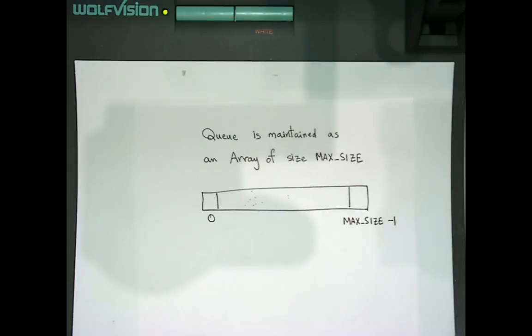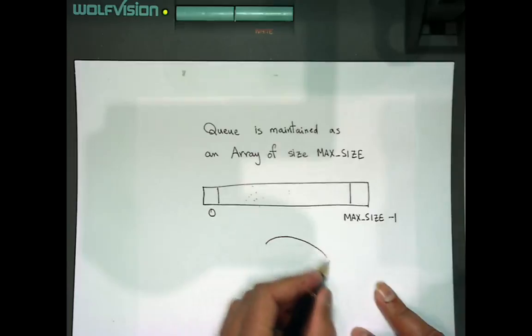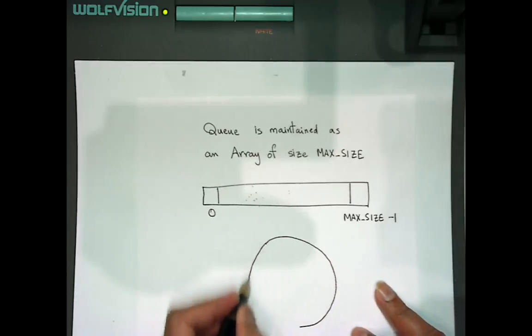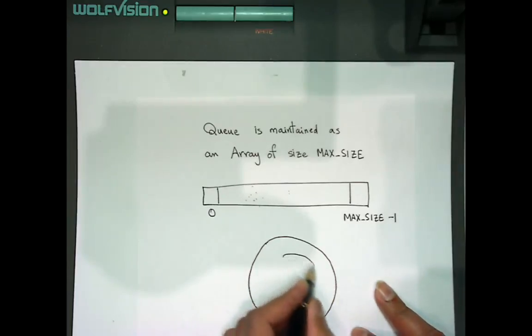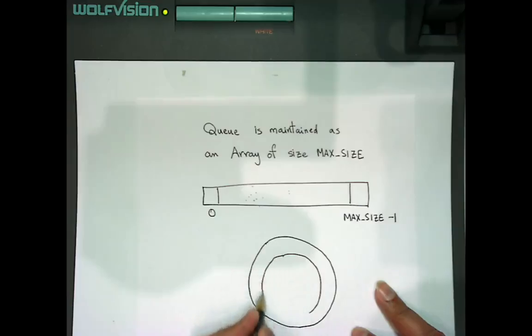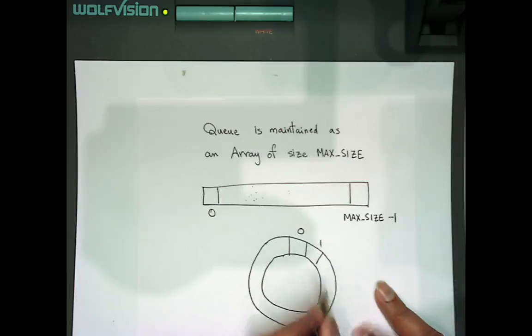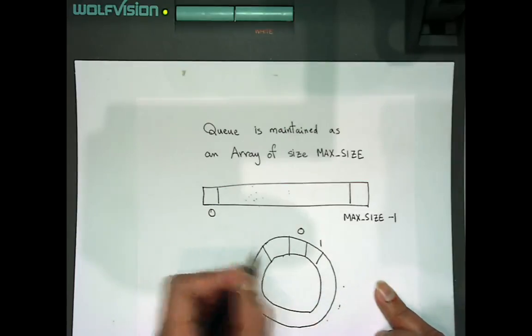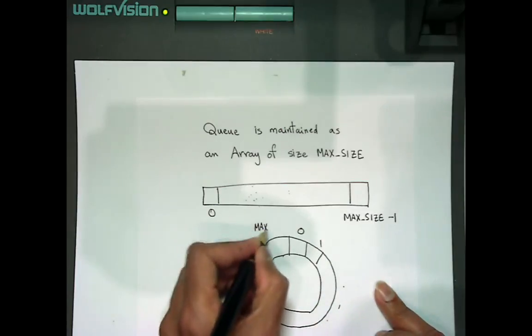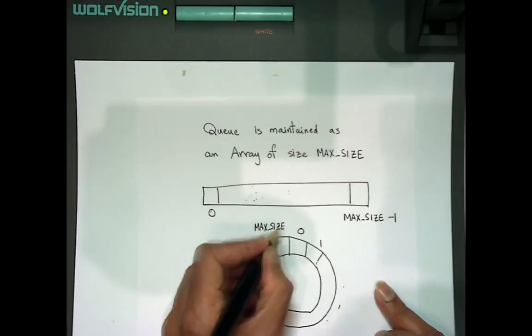But the way we're going to think about it, we're going to think about it as a circular array. So think of it like this. And so this is 0, 1, so on and so forth, until this will be max size minus 1.